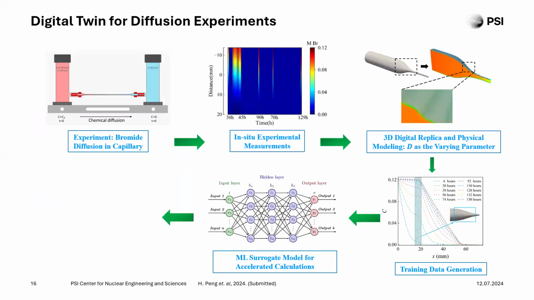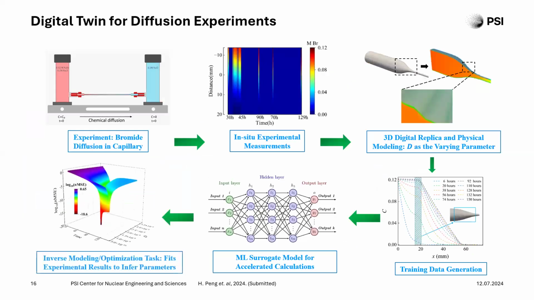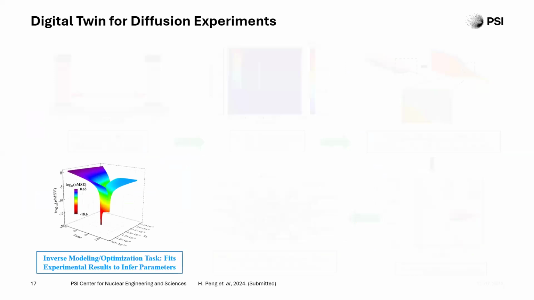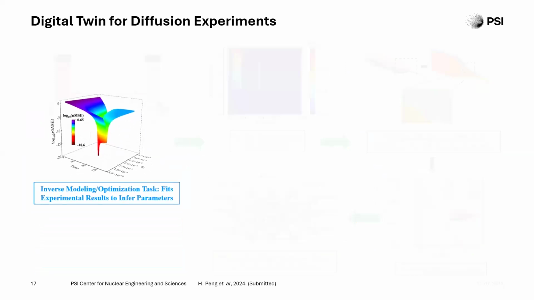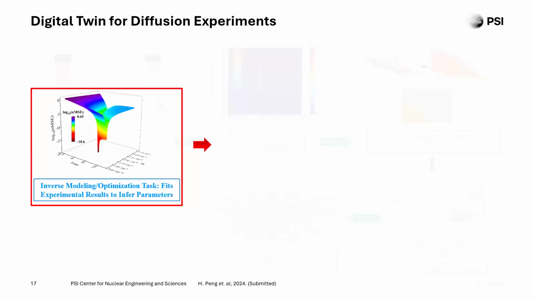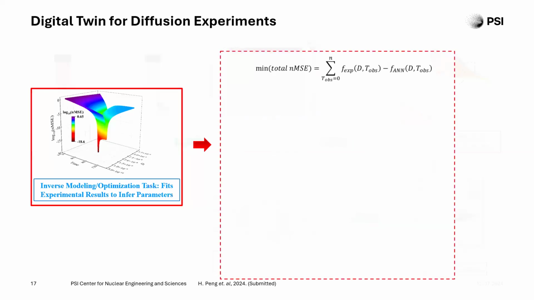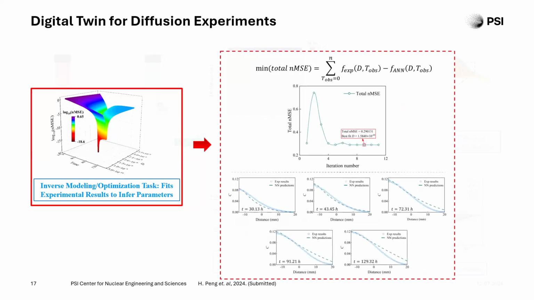With such a pre-trained neural network, we can then couple it with the optimization method to help us find the best fit diffusion coefficient. The target function for the minimization is the normalized mean square error between the experimental diffusion profile and the numerical simulations.